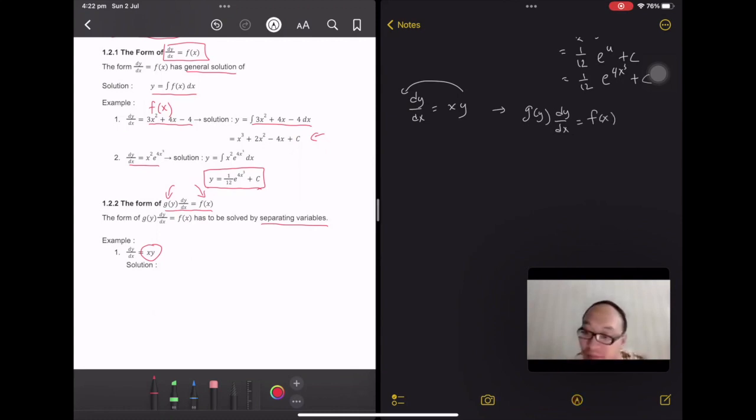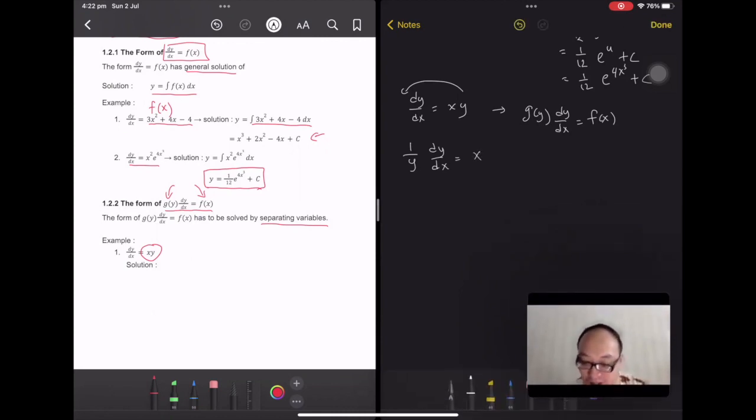So we can change this into 1 over y dy/dx equals x. So we have g(y) dy/dx and f(x) here. This is the g(y) and this is the f(x).